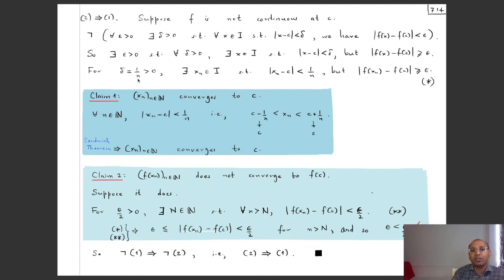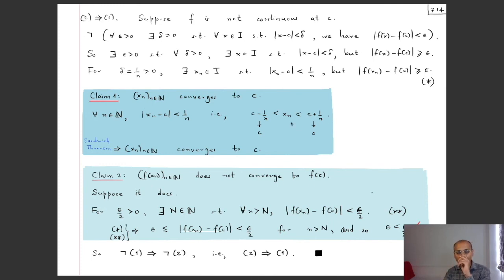Then I take delta equal to 1 by 3, there exists x3 such that mod x3 minus c is less than 1 by 3, but mod f of x3 minus f of c is bigger than or equal to epsilon, and so on. So I've got a whole sequence x1, x2, x3 and so on, all of which satisfy this and all of which satisfy this. I'll show that this first thing tells you that xn converges to c, and the second thing tells you that f of xn does not converge to f of c.